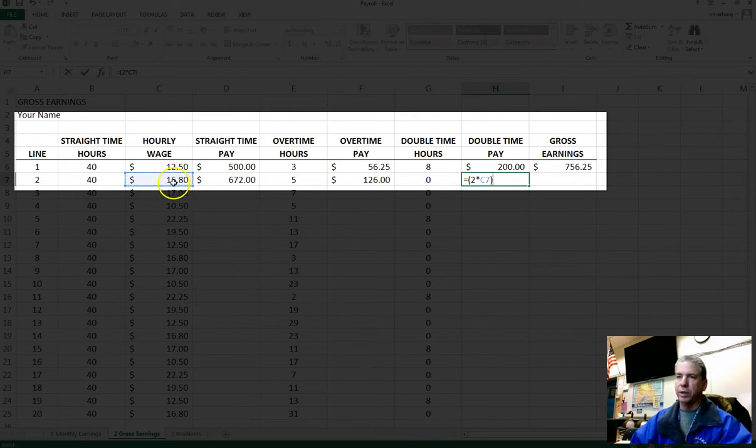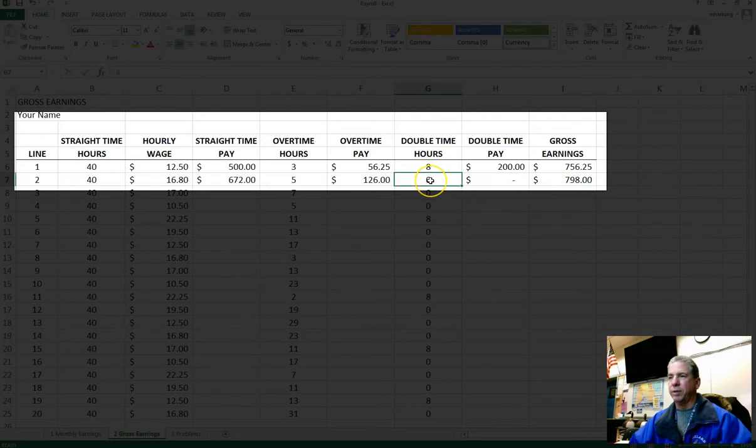So we have 2 times $16.80 per hour, located in C7, times the number of those hours, which is located in G2. And so that gives us our 0. And then gross earnings is going to be straight time plus overtime plus double time.